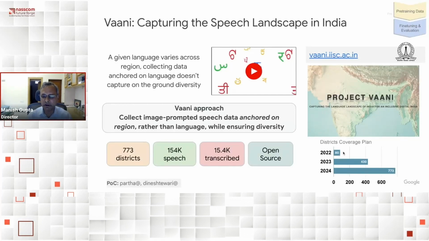In the first phase, we have already collected data from roughly 85 districts, about 15,000 hours of speech data so far in a variety of languages, and we have made that freely available. Over the next 2 phases, our goal is to collect data from each and every one of the 773 districts in India so that we capture the full diversity of how we speak.